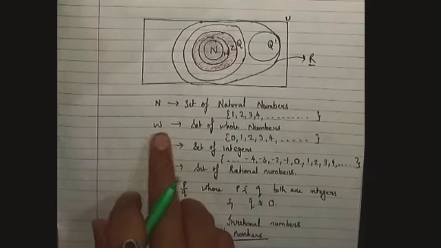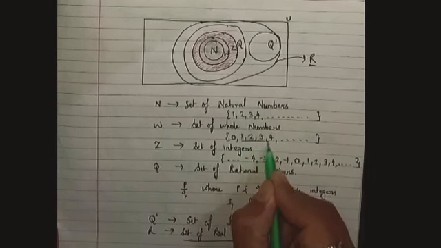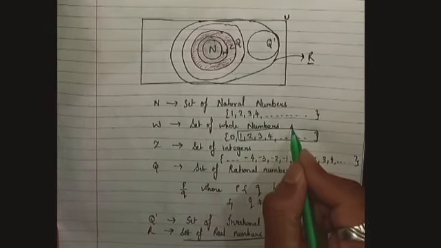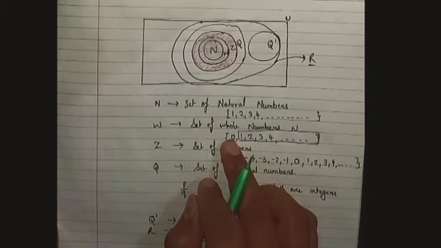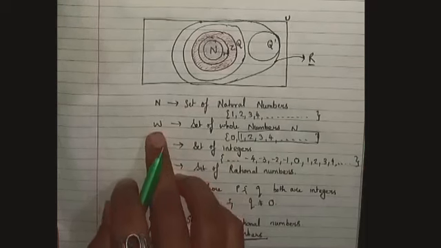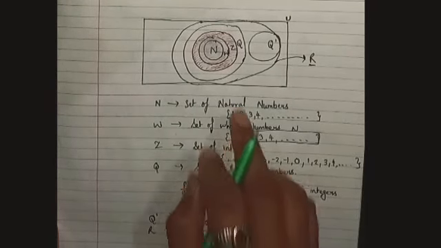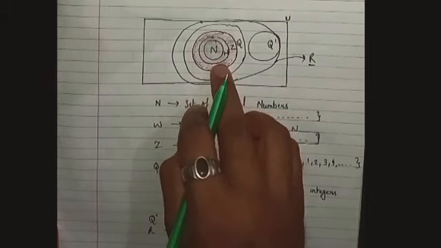Now if I say W is a set of whole numbers, so 1 to all the numbers, these are all natural numbers, and other than this only 0 is left. So all natural numbers are whole numbers except 0. So all the set of natural numbers fall under the category of whole numbers.